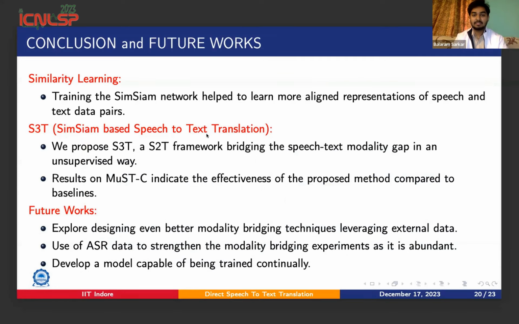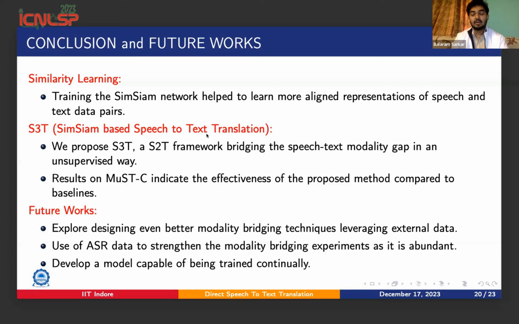We leverage the SimSiam network, and the results on the MuST-C dataset show the effectiveness of the proposed method as compared to the baselines.